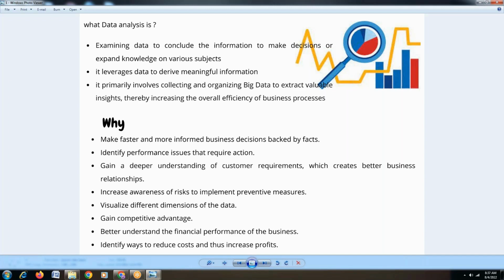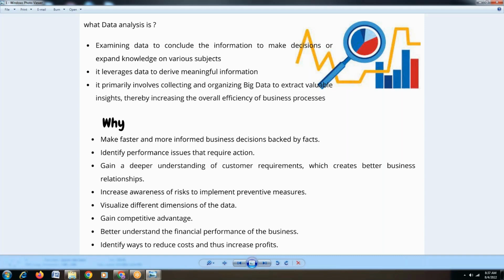Because as long as operational cost is increasing and you don't have control over it, however good your turnover is, it doesn't have any value, because the profits we acquire may be lower. So understanding the financial performance of the business is all possible using data analysis.